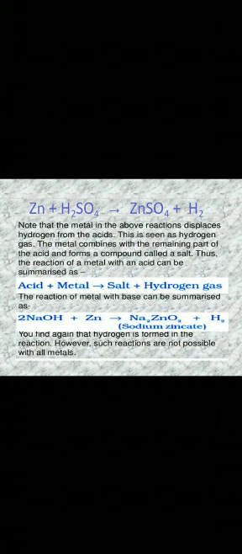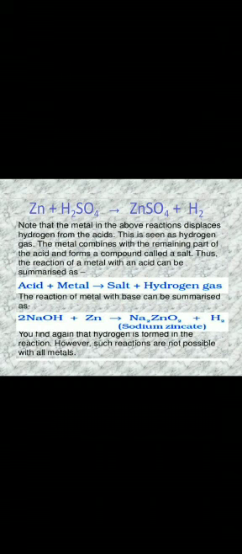Zn plus H2SO4 would give ZnSO4 plus hydrogen. In this reaction, the metal zinc displaces hydrogen from the acid. This is seen as hydrogen gas. The zinc metal combines with the remaining part of the acid and forms a compound called a salt.